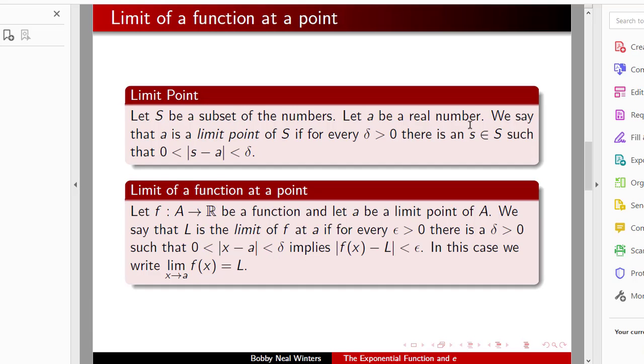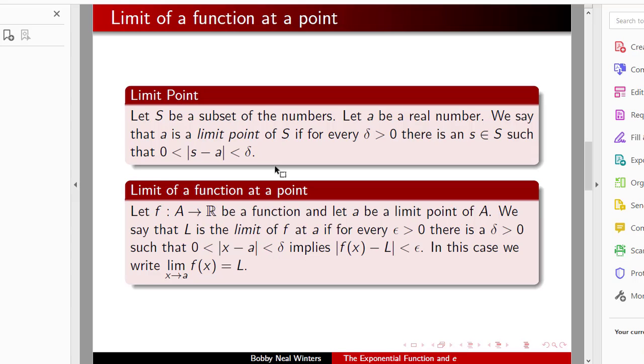So this three-pieced inequality is telling us two things. At the bottom end, it's telling us that s is not equal to A, and at the top end, it's saying that s is close to A. So we can find a point that is close to A, as close as we want to, but is not equal to it. Okay.